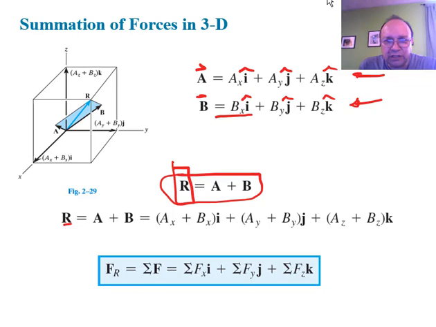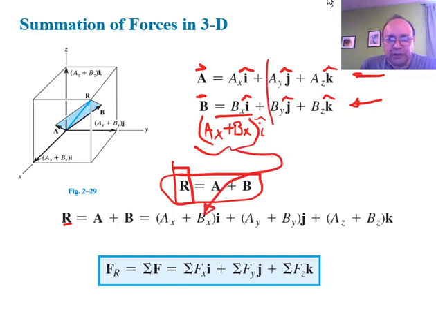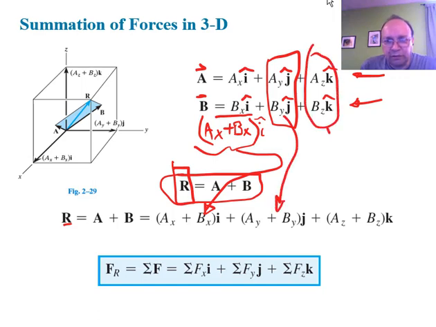If you do this summation here, Ax plus Bx, this will be the component in the i direction. So this will be what we have down here. This summation here will be this one right here, and this summation here will be this one right here. So that will be the x component of the resultant.